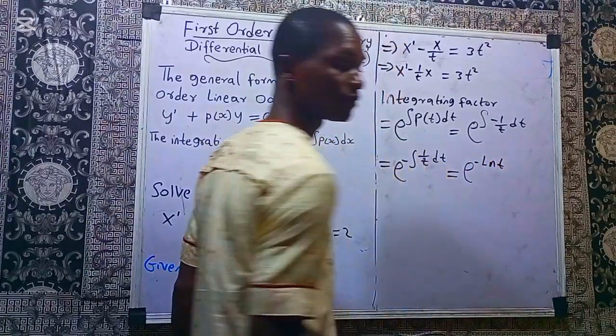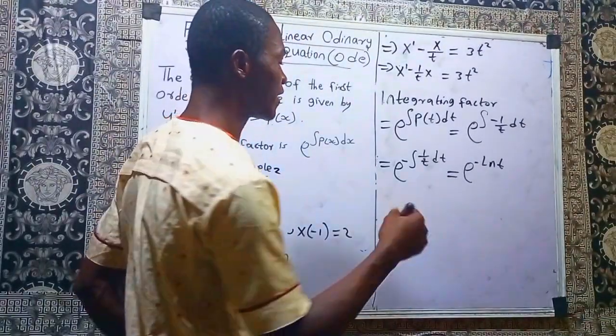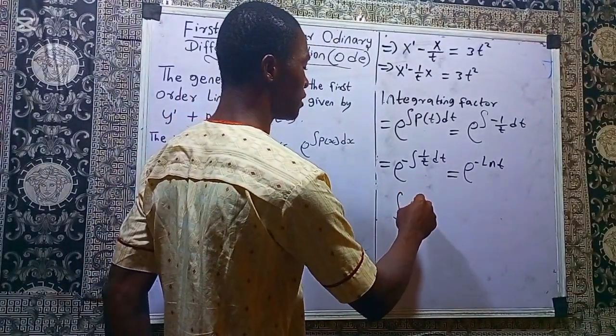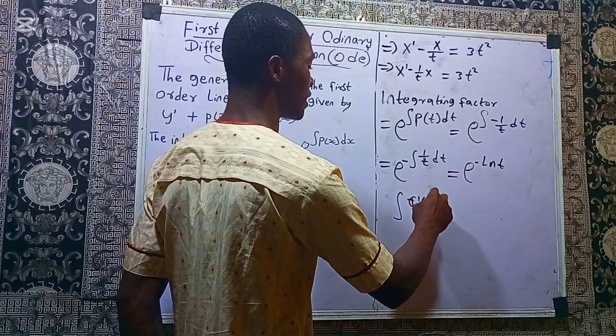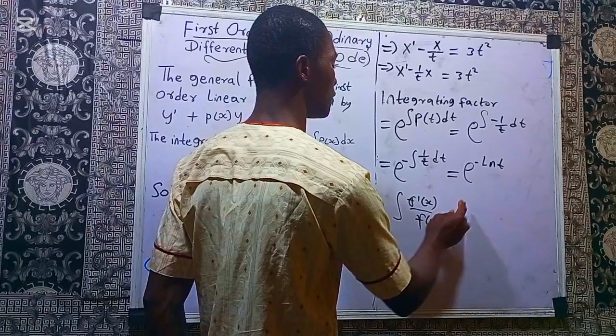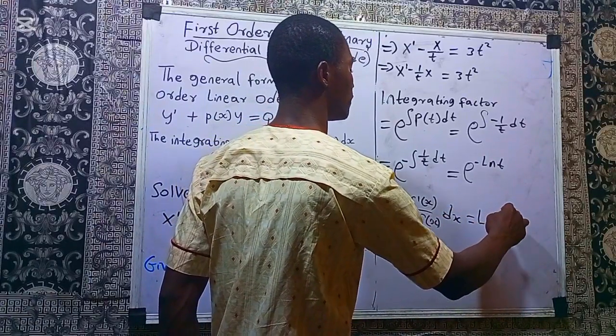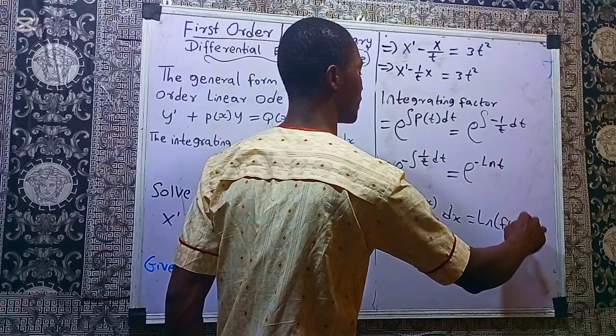ln of t. That's what it will give you, because whenever you are integrating a function like integral of f prime of x divided by f of x with respect to x, the solution is ln of the denominator f of x.